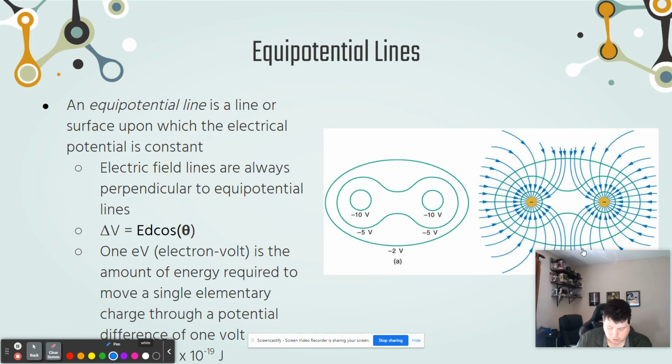So this right here is the electrical potential diagram for two negative charges. These charges, of course, will produce an electrical field diagram, and if you were to be on this line, if you were to move from there to there, the change in voltage on that line would be zero because it's showing you where it is equal.